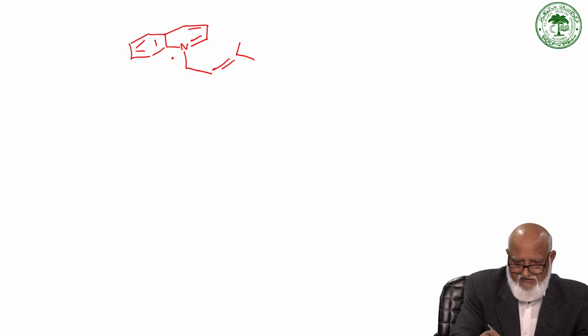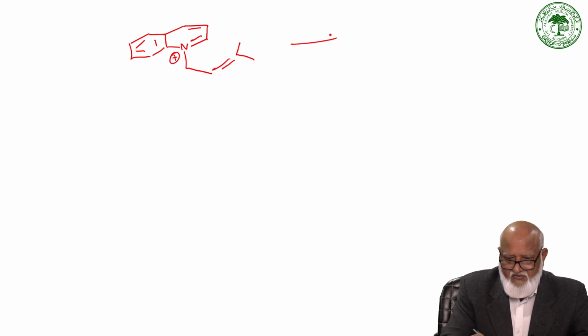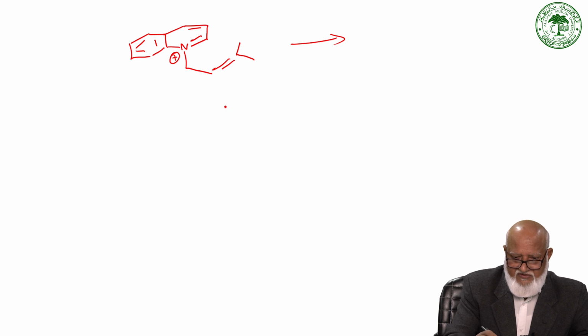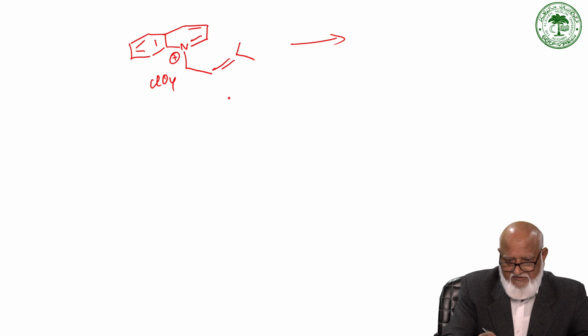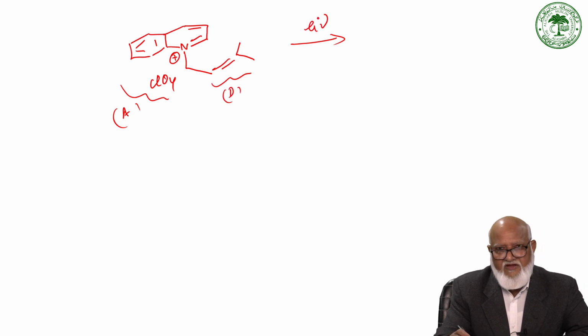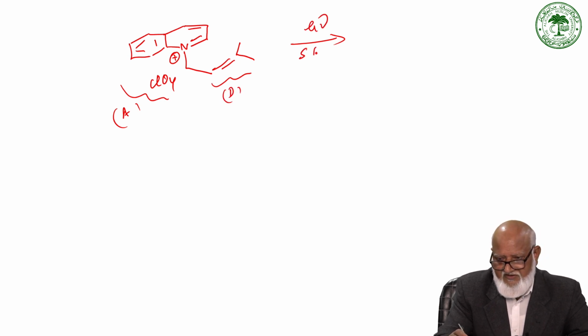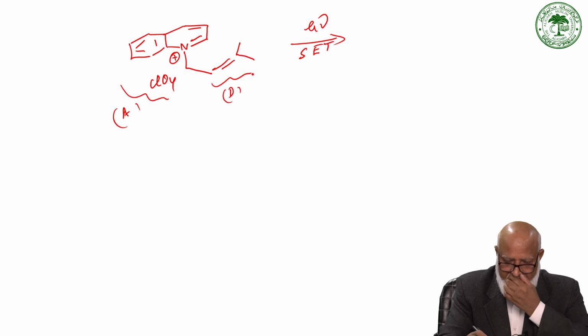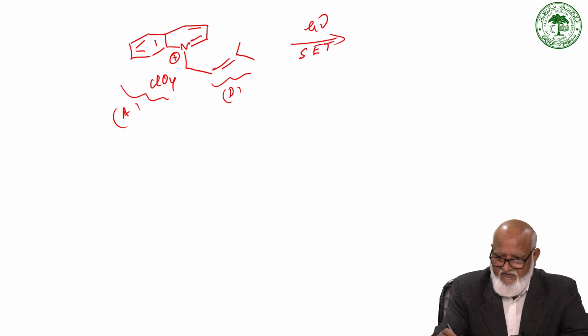So we have a donor and acceptor in the same system. We have an ammonium chlorate salt, which is acting as an acceptor. This is an alkene which is acting as a donor. In the presence of light, single electron transfer takes place, transferring an electron from the alkene to this to give a carbon-centered radical.